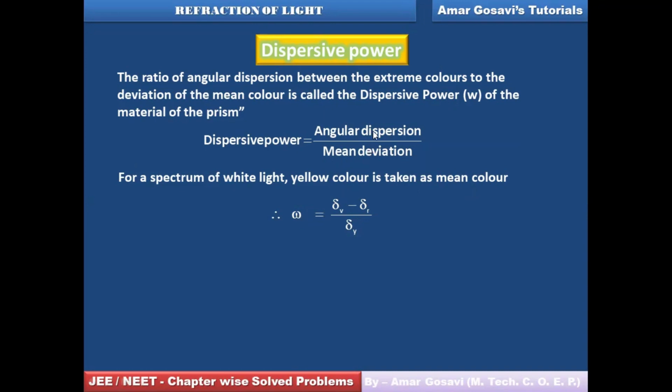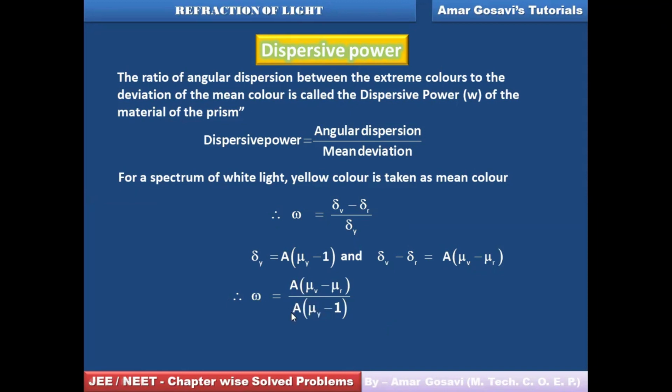So dispersive power, denoted by omega, is given by, in the numerator, the angular dispersion, delta V minus delta R, which we have just studied, divided by delta Y. We put in the equations for delta V, delta R, and delta Y. Delta Y can be substituted as A in bracket mu Y minus 1, and delta V minus delta R we have just worked out as A into mu V minus mu R. Putting it in the numerator and denominator, you get omega as A into mu V minus mu R divided by A into mu yellow minus 1.